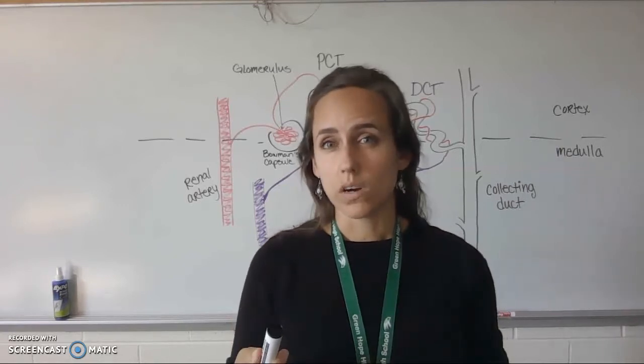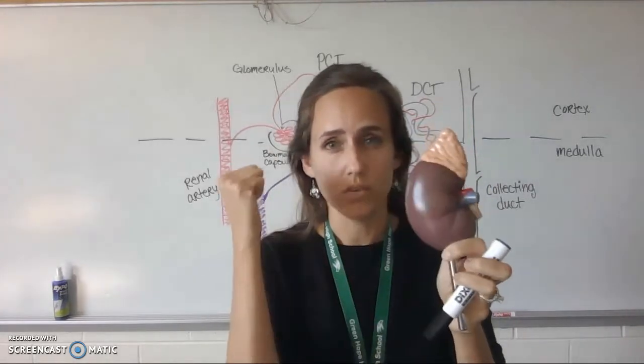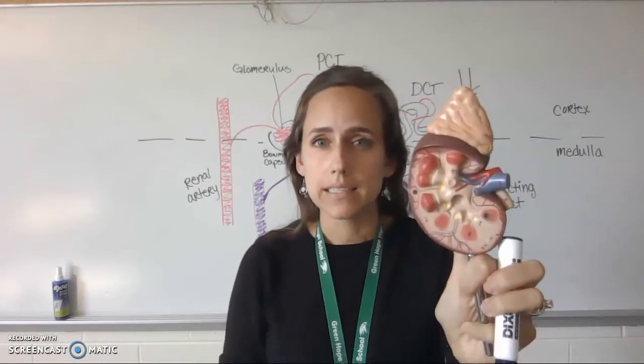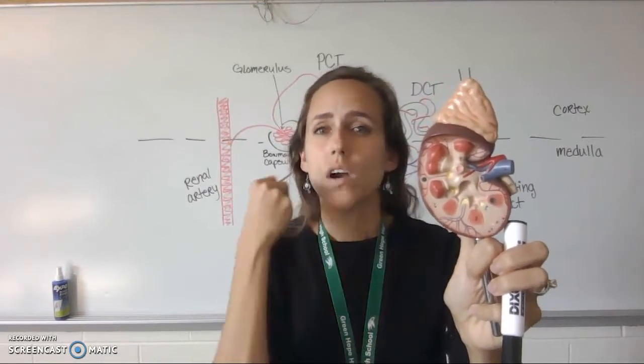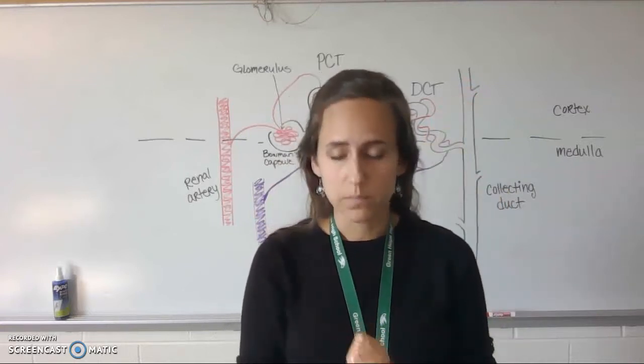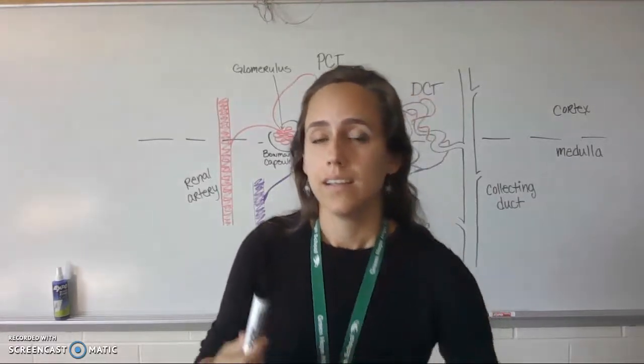If you can also recall, a kidney is the size of an adult fist, and within that kidney itself there lie over 1 million of these nephrons. So they are extremely small, and they lie within that kidney.